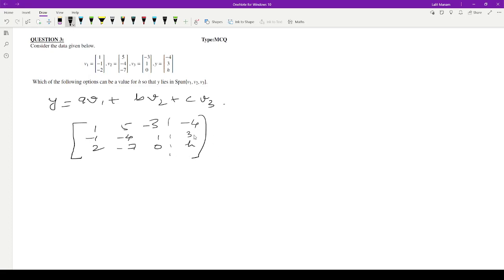And we try to find the row echelon form of this matrix, which can be done by modifying the second row first by adding it to the first row, and also we'll modify the third row by adding to it two times the first row, which gives us something like this.